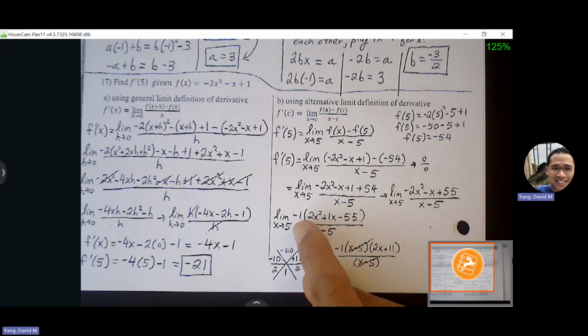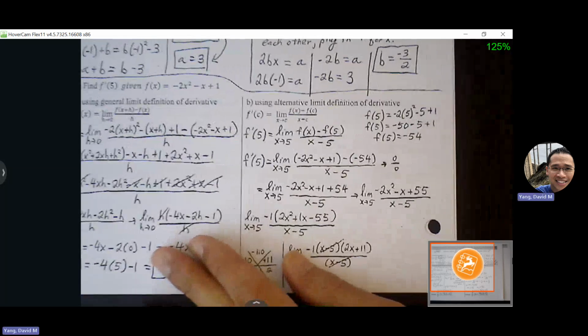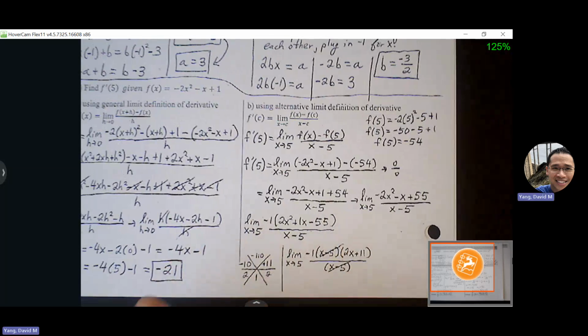So this cleans up all the way to -1 factored out, 2x squared plus x minus 55. We go through our factoring steps. This trinomial factors out to be x minus 5 and 2x plus 11. X minus 5 cancels out, the -1 stays. Replace the remaining x with 5. And I didn't show the answer.